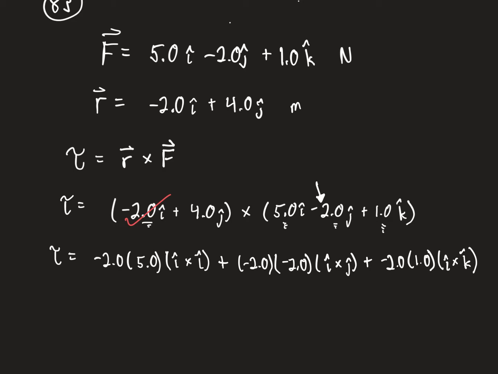I need to do the same thing with the J hat. So I have plus 4.0 times the 5.0. And what's my cross product? I multiplied the numbers. What are the letters that I'm multiplying now? J hat and I hat.